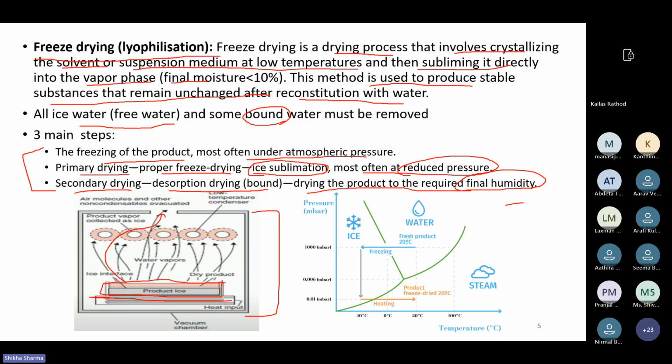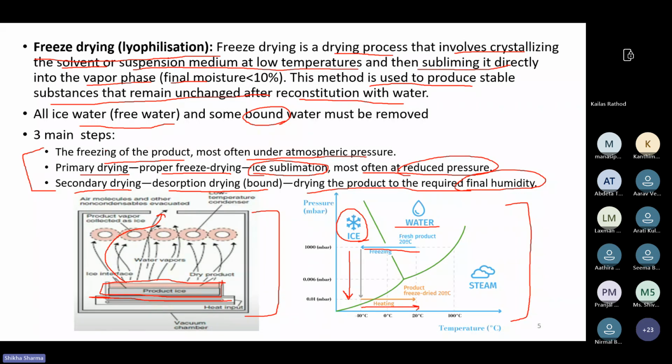As per the water phase diagram, what happens? Water is first converted into ice. We reduce the temperature at atmospheric pressure. After that, in the freeze drying equipment, the vacuum is there, so it reduces the pressure and the vacuum condition is reached.